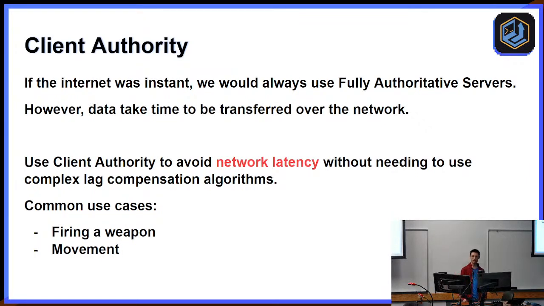You want to use client authority to avoid network latency without needing complex lag compensation algorithms. Common use cases are firing a weapon, where if you shoot another player you want that reaction to be instant, and movement, which you also want to be instant.